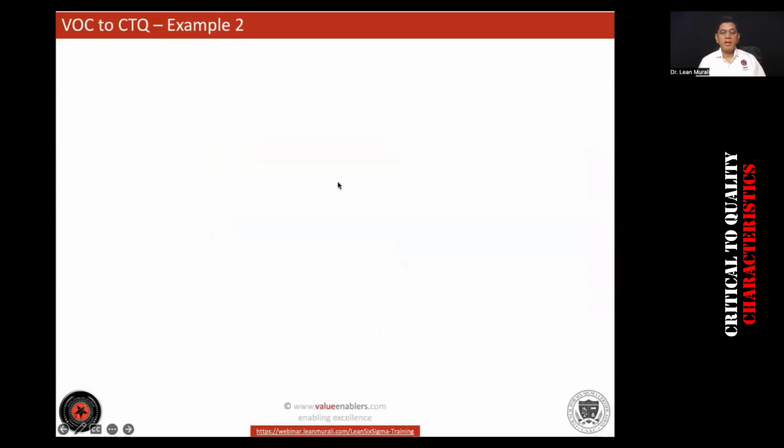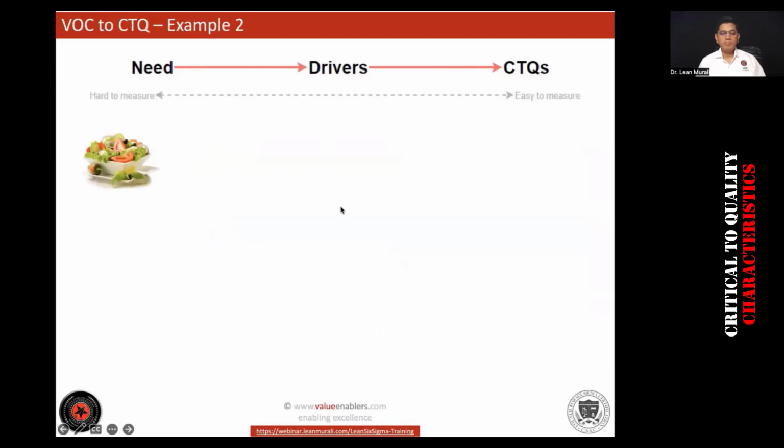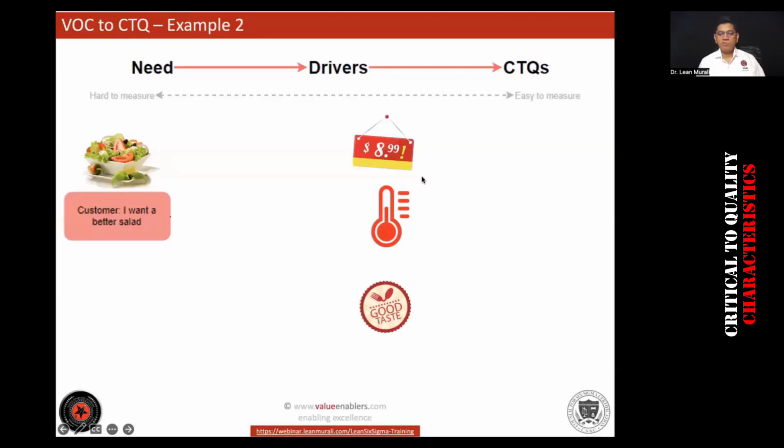To help you with, I'll have another example. Okay. The need, drivers, and CTQ. Suppose customer says, I want a better salad. Okay. So the drivers are three things. What are the three drivers I put here for a better salad? The cost. Then what are the drivers?